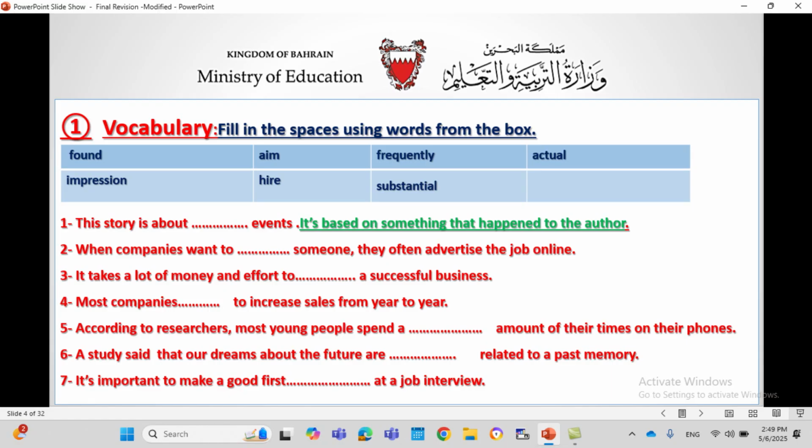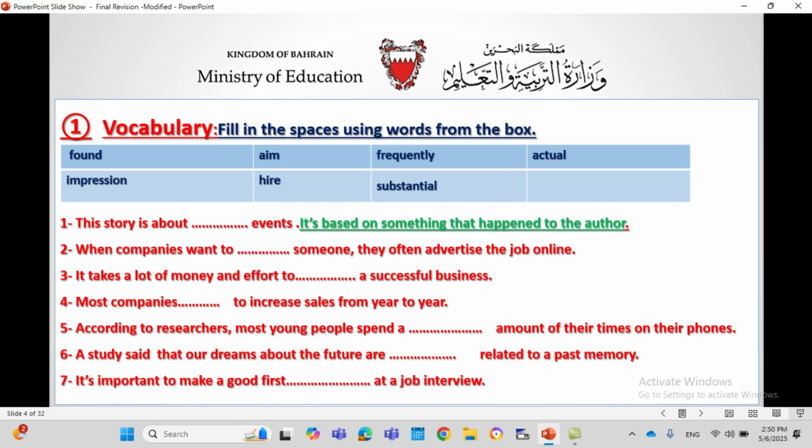I'm going to read them all, and I'm going to clarify the meanings of some words that might be confusing, but you'd better use a dictionary to help you check out the meanings of some words which are unknown to you. Let's read. We have found, aim, frequently, actual, impression, higher, and substantial.